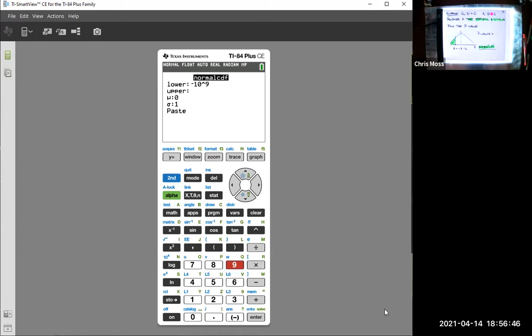I could actually use the value that's already in there, but I think people understand this just a little bit better. Enter that. The upper bound is negative 2.12. The z distribution is mean 0, standard deviation is 1. I can go ahead and paste that in and hit enter.